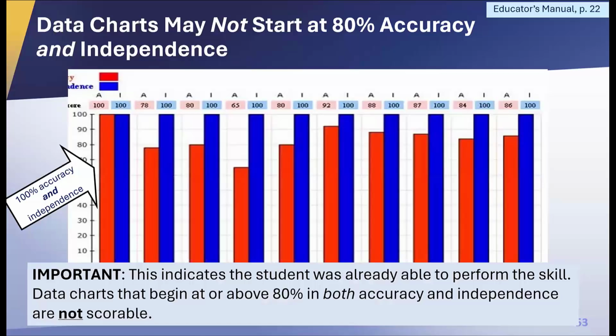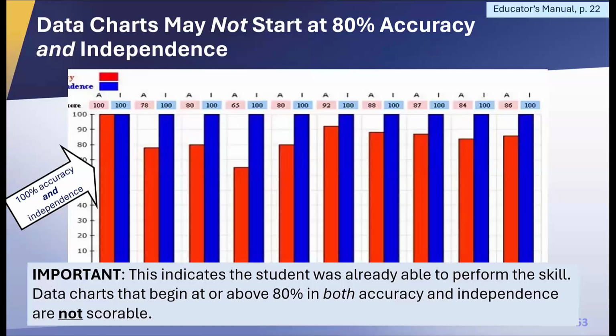One thing you don't want to do is to have that first data point be 80% accurate and 80% independent. So 80 and above in both accuracy and independence on that first data point, that data chart will not be scored, because what that says is that the student already mastered this.